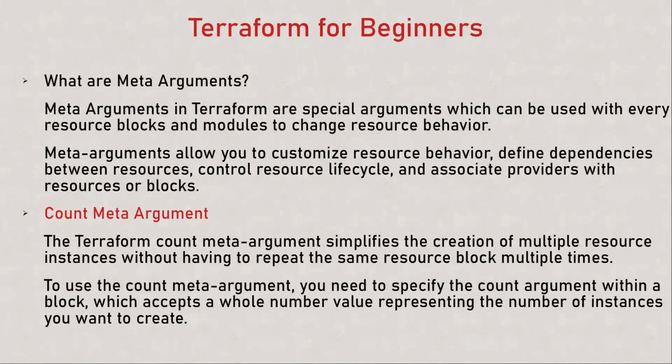Don't worry, I'm going to explain in our demo session how these arguments change the behavior of a resource. The meta arguments allow you to customize the resource behavior, define dependencies between the resources, control resource lifecycle, and associate providers with resources or the blocks.